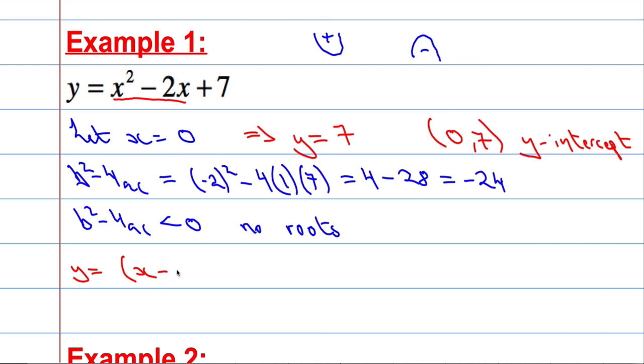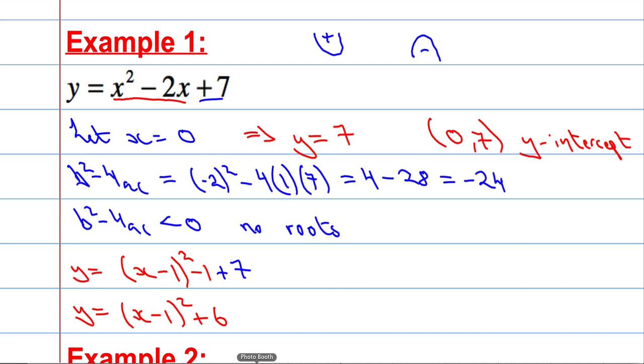Half this coefficient, which gives me 1, and then square the brackets. When I expand this out, I'm going to get plus 1. I want to get rid of that. And then we've got the 7 at the end, plus 7. So tidying that up, we get y equals x minus 1 all squared plus 6.